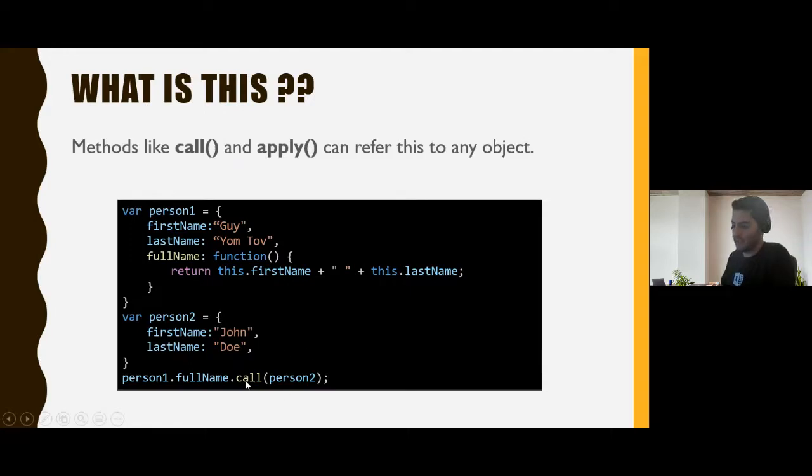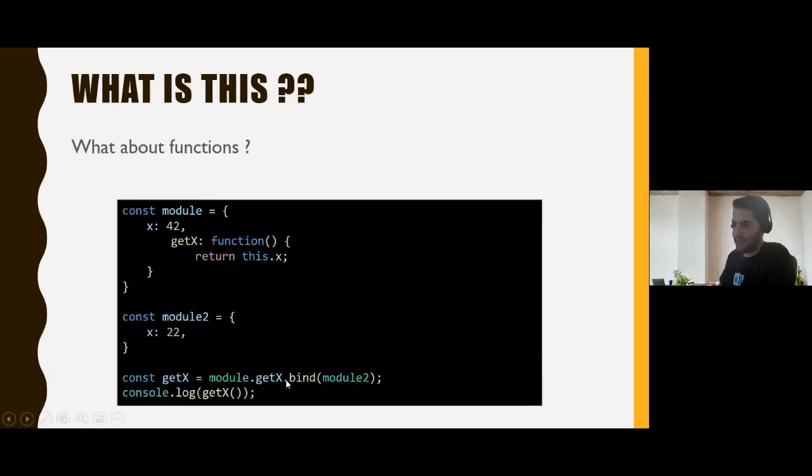Call and apply mean call the function and do it right now, while binding is a future binding for the rest of the application when it runs. So what it means here is pretty much the same. When I log getX, it's going to go to model.getX, and since we bound it to model 2, the this.x is going to be the x of model 2, which is 22.